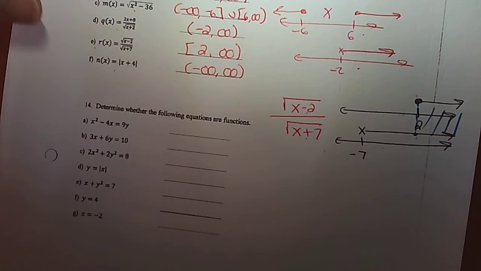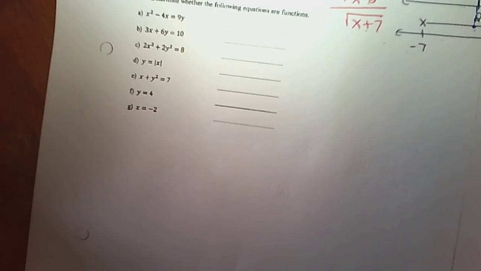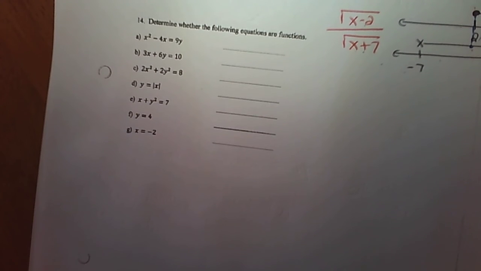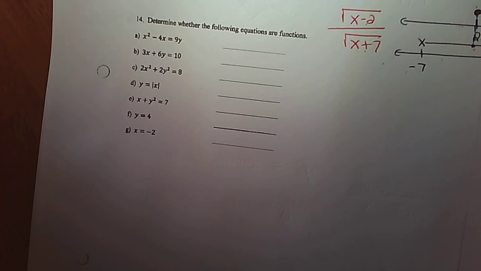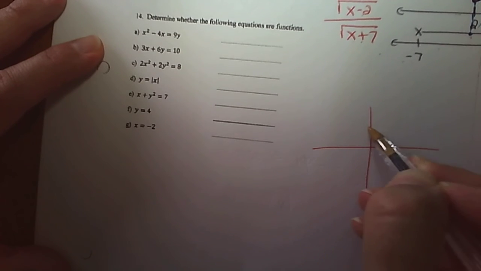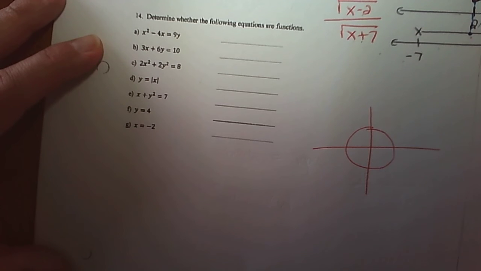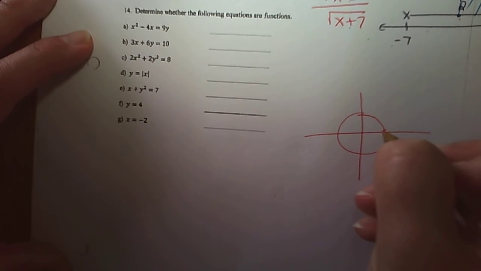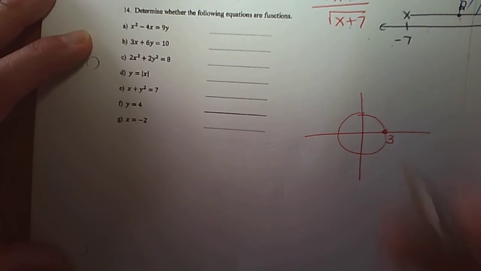Okay. And finally, which of the following of these are functions? Now this is probably the easiest way for me to describe it to you. Remember before where the circle failed? Right? So circles are a no for a function. Let's say this radius is 3, and the center here is 0, 0. The equation of this circle is x squared plus y squared equals 9.